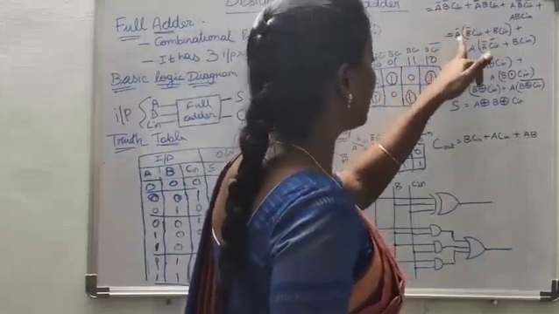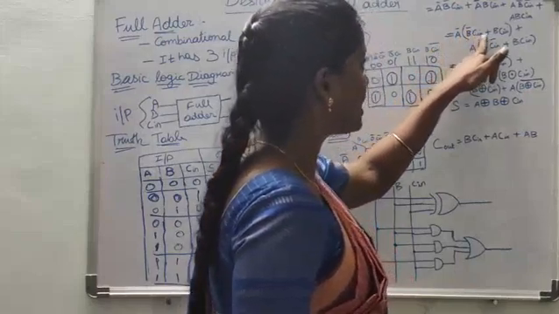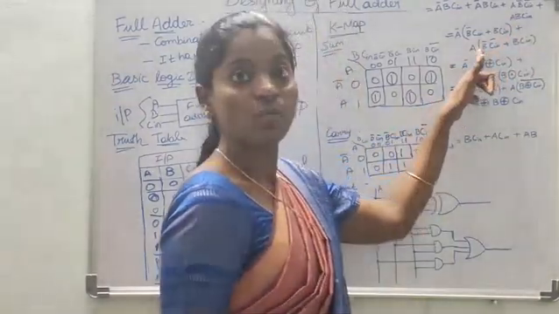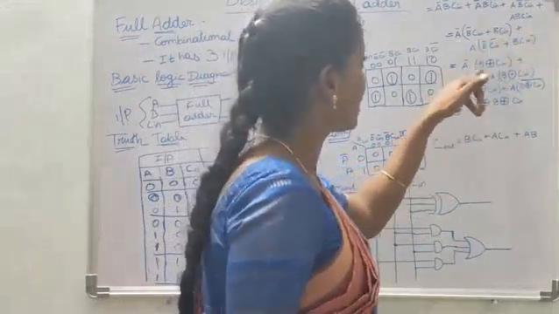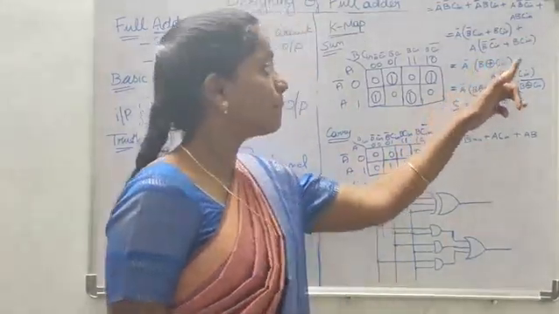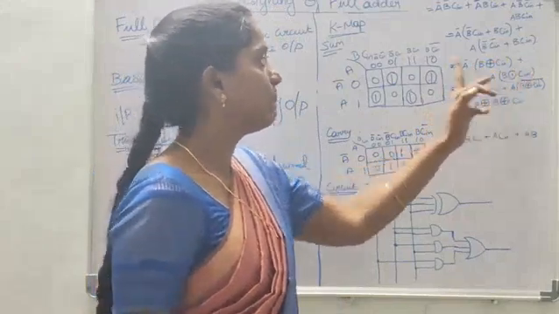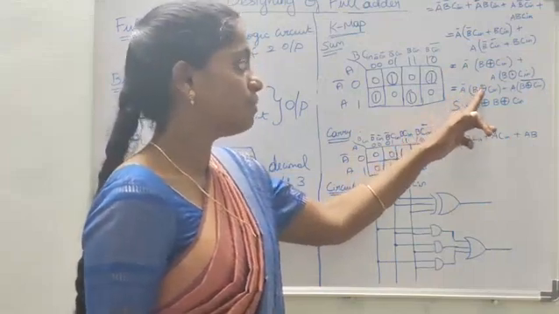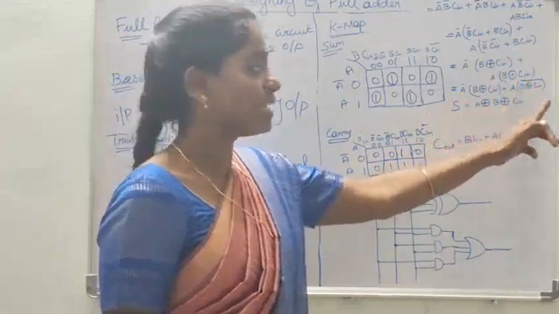And then we reduce the equation into A bar, B bar C in plus B C in plus A, B bar C in bar plus B C in, and then we can write it as A bar, B XOR C in plus B XNOR C in, and then again we write it as A bar, B XOR C in plus A, B bar XOR C in bar.